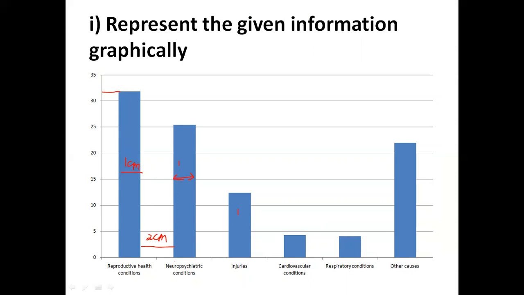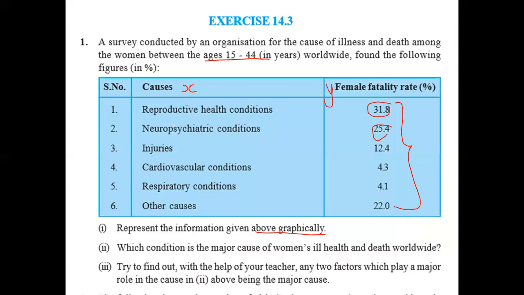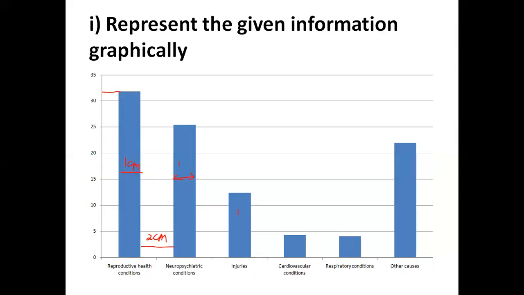Then we know that neuropsychiatric conditions was about 25.4. Then injuries was 12.4. I'll just write it down here so that you also know how I would do. 12.4%.